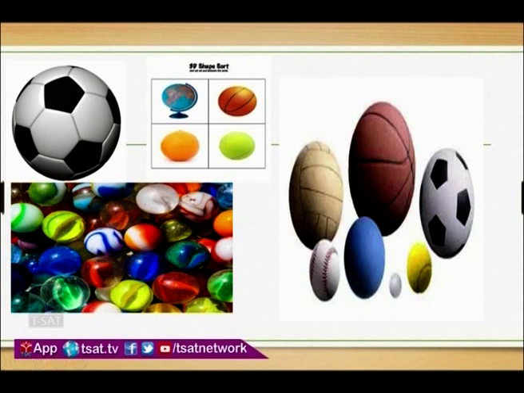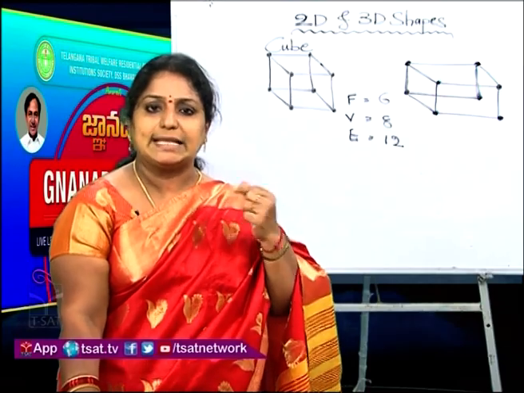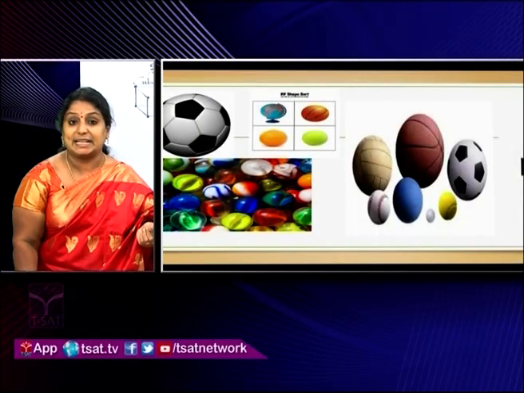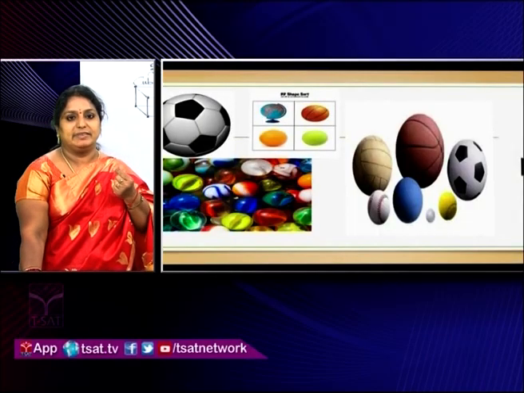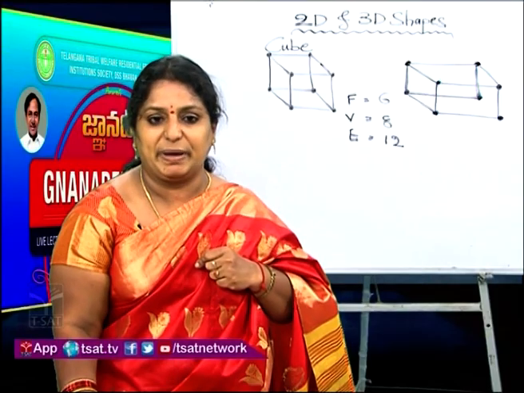These balls are in which shape? Will you answer they are in circular shape or spherical shape? Exactly. Whenever we use the words circular shape, we say that they are in spherical shape. Generally, we call a globe spherical in shape. So, all these objects come under spherical shapes. These are the examples for a sphere.